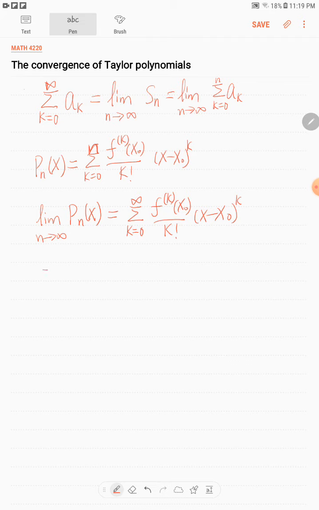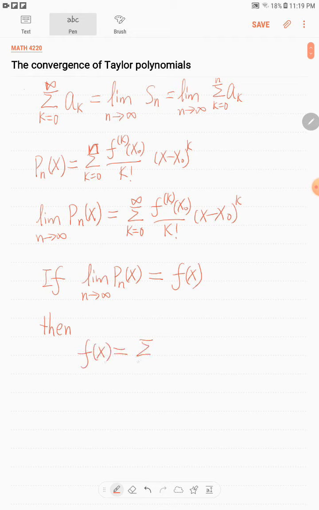If the limit of p sub n, the nth Taylor polynomial, is equal to this f of x, then we have this result: f of x is equal to the summation k from 0 to infinity of f to the k derivative at x naught over k factorial times x minus x naught to the kth power.